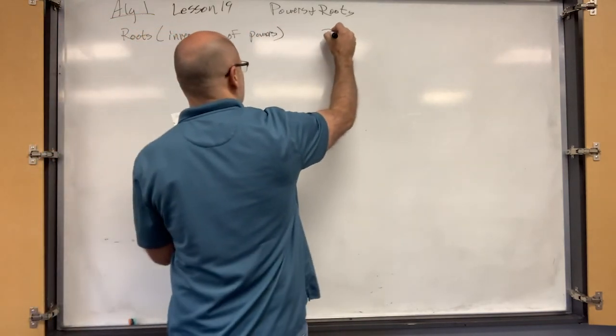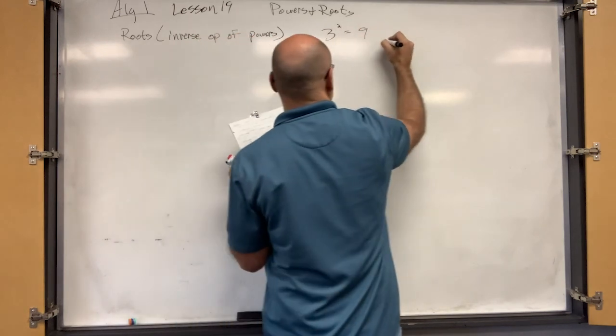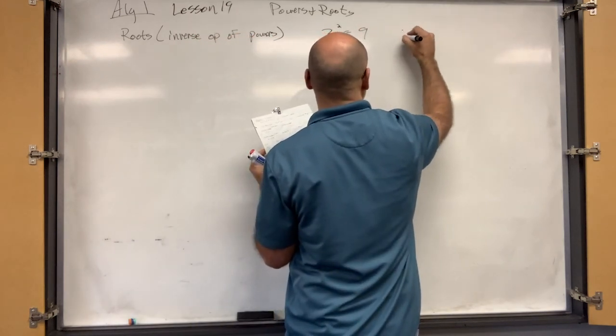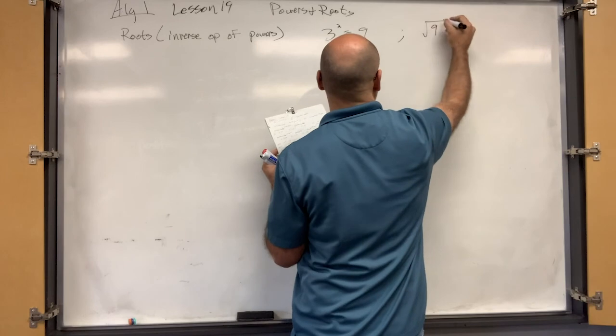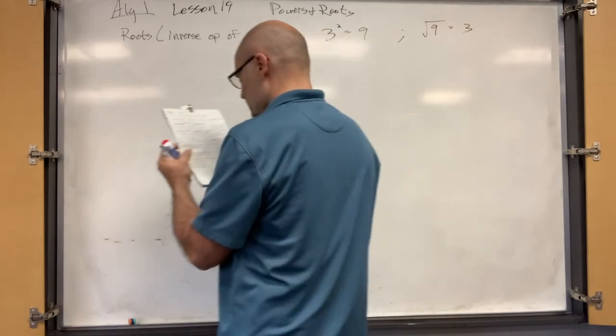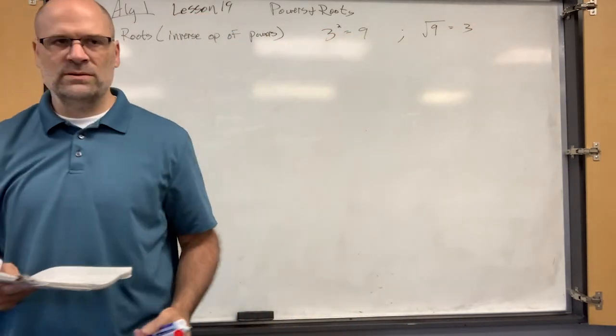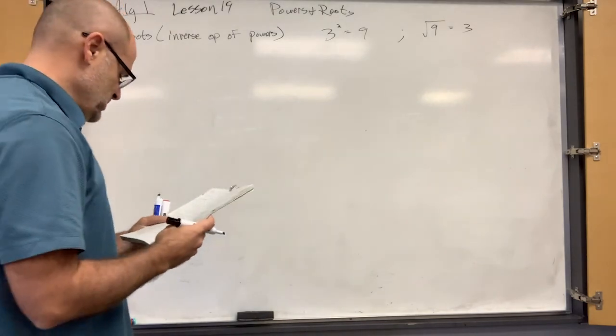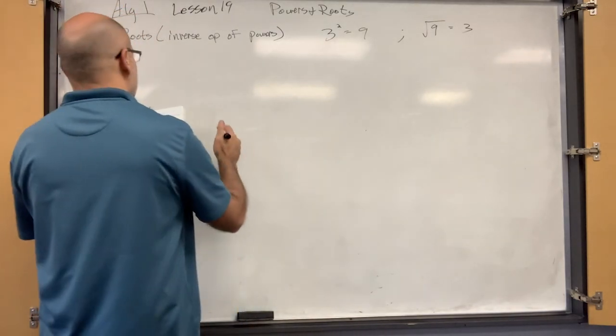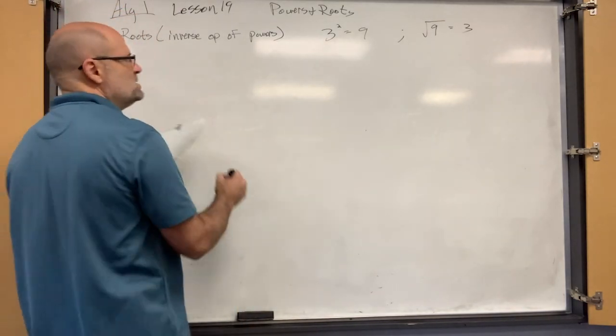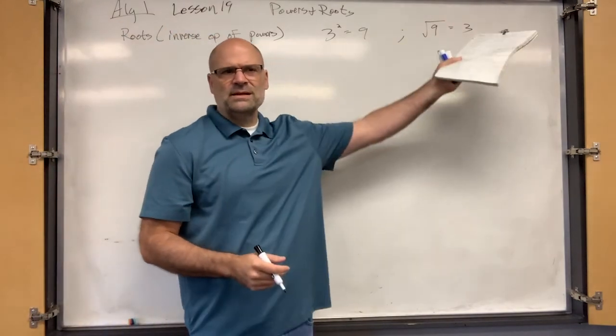So, for example, 3 squared equals 9. The square root of 9 equals 3. So, you're basically taking your answer and you go back to where you started. That's an inverse operation. Okay, but look at this. What is the square root of 9? Is that the answer? 3?